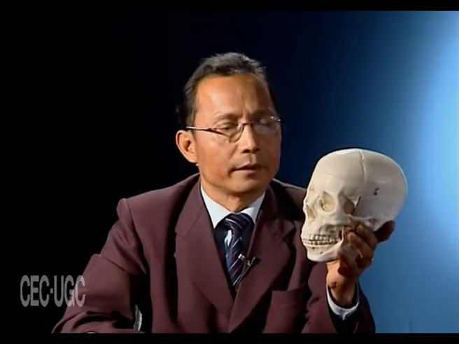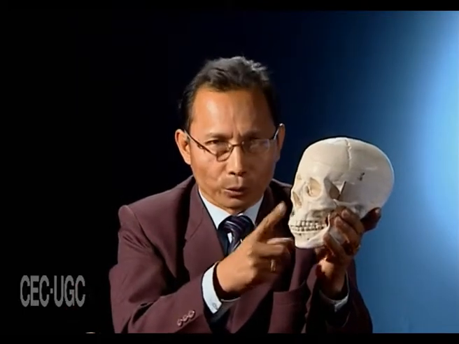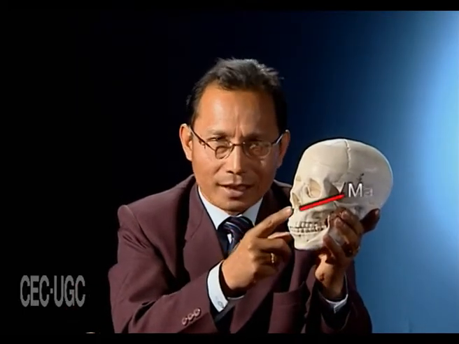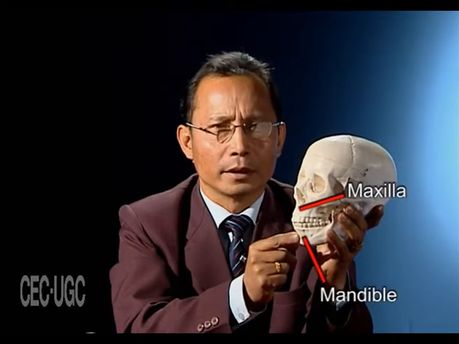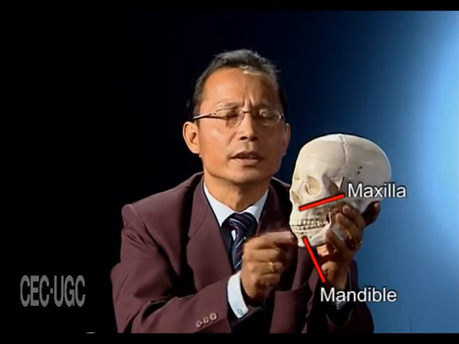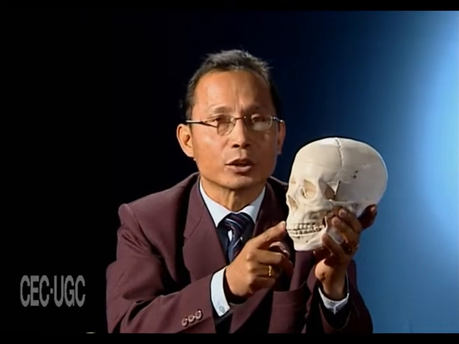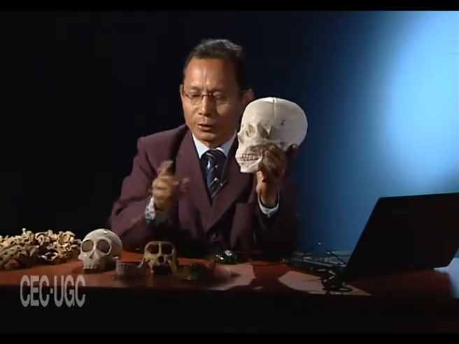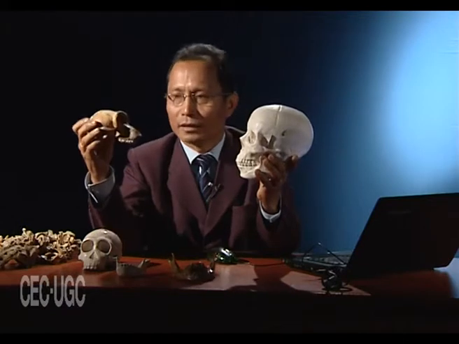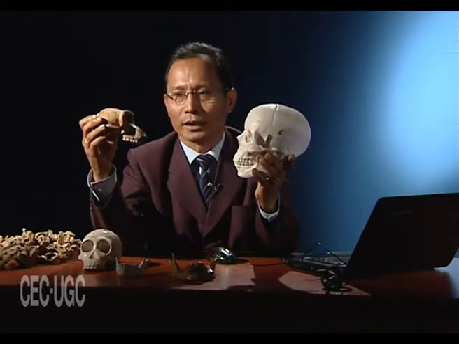Then here in the human skull, the jaw, that means the maxilla and mandible, is almost in the same line with the face. That means it does not project out. You see the bone of a monkey.